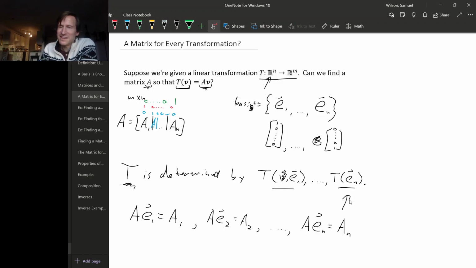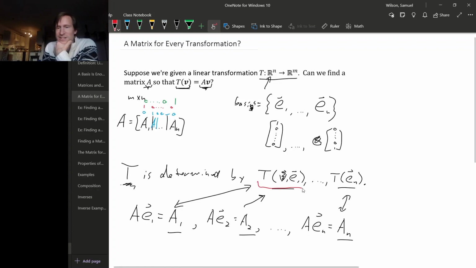So comparing these, we're hoping to come up with a matrix so that multiplying on the left by A does the same thing as applying T. Well, these outputs, these columns from A, are the outputs that multiplication by A produces.